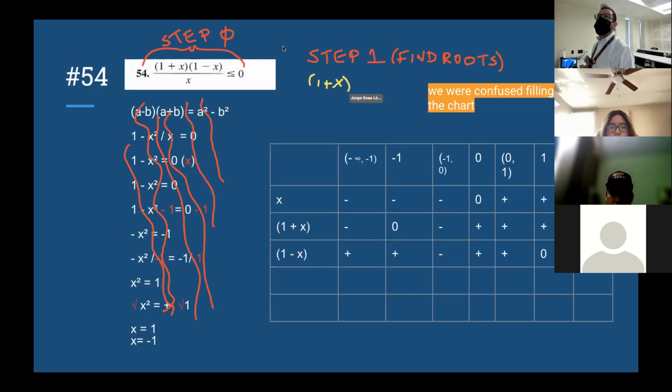Anna, what is another factor that we have? 1 minus x. Perfect. And what's another factor that we also have? The one lonely by itself there on the bottom, the x that's dividing. Yes. The x, that's a factor as well. From each of these, we're going to get a root.